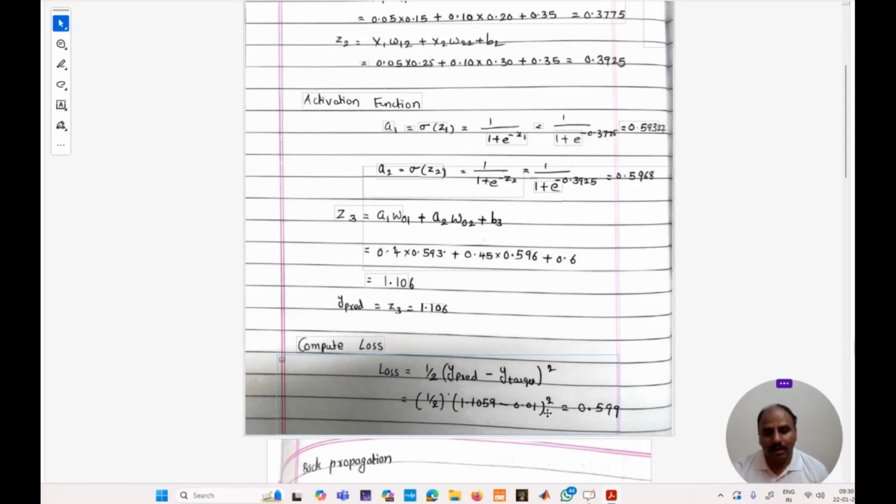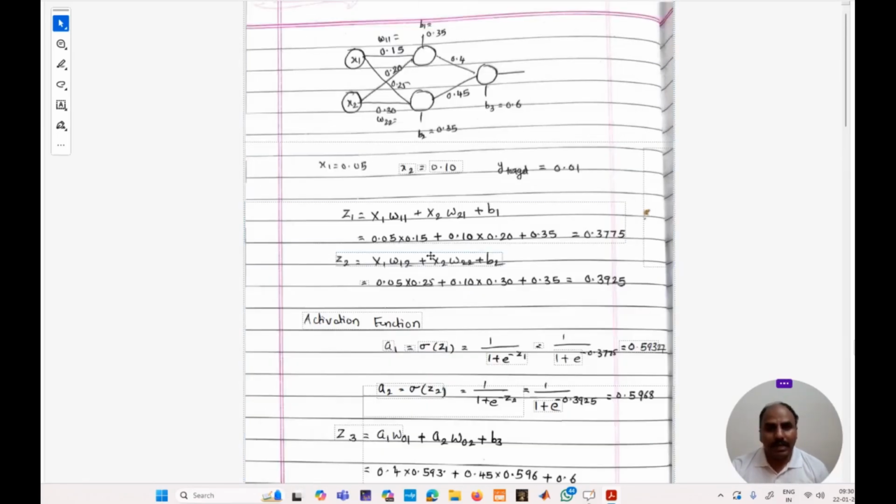So this is the way of back propagation to update the weights and biases in order to get future predictions. By using a multi-layer perceptron, an artificial neural network, we have implemented a regression problem.